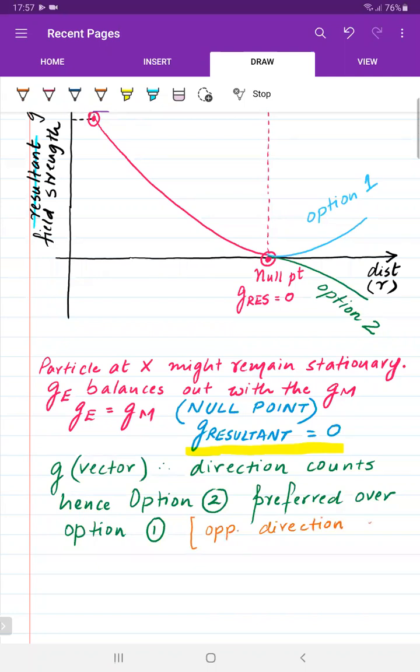Opposite direction, therefore graph constructed in the opposite quadrant.